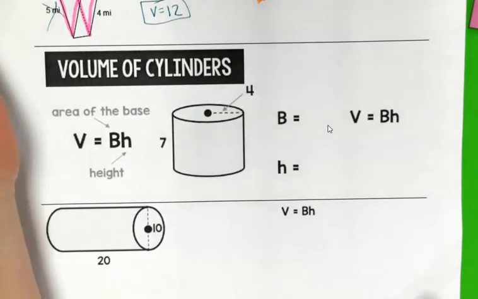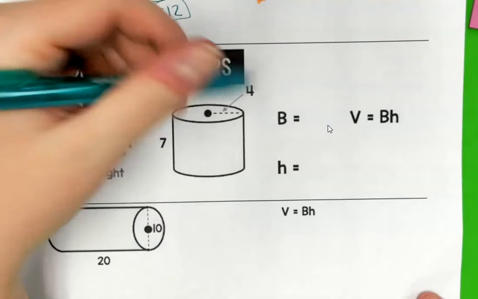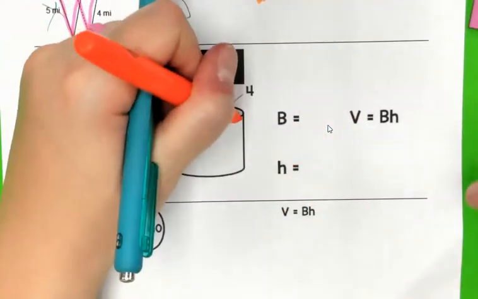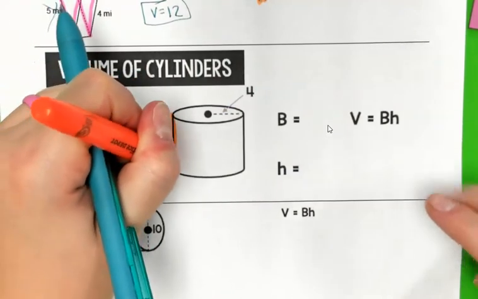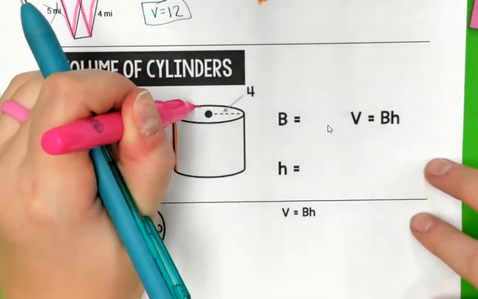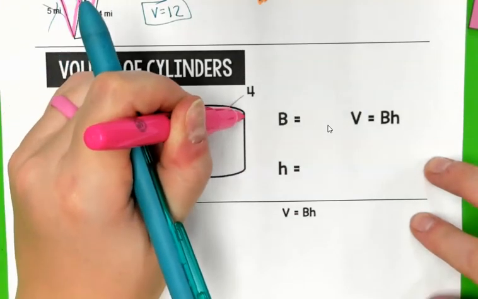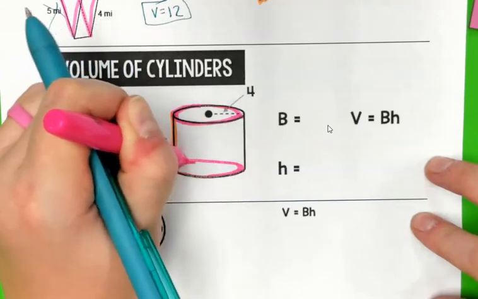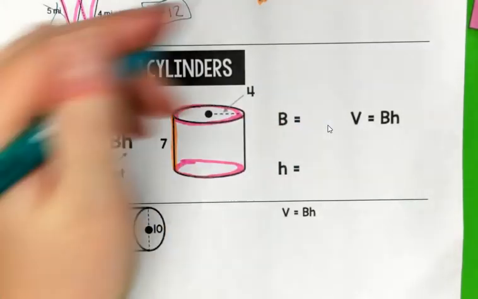And then the area of our base for this shape, if you notice, it is a cylinder again. For cylinders, the base is always a circle. So the area of that base is always going to be pi r squared, which is quite convenient.